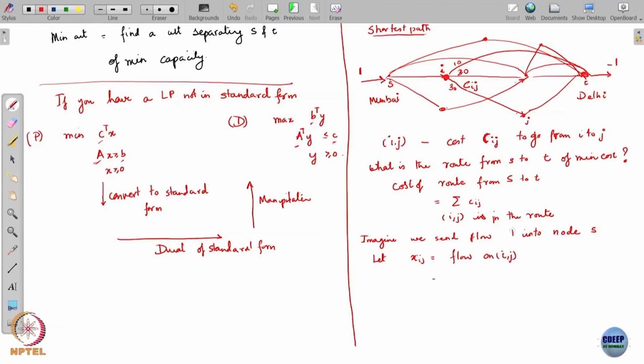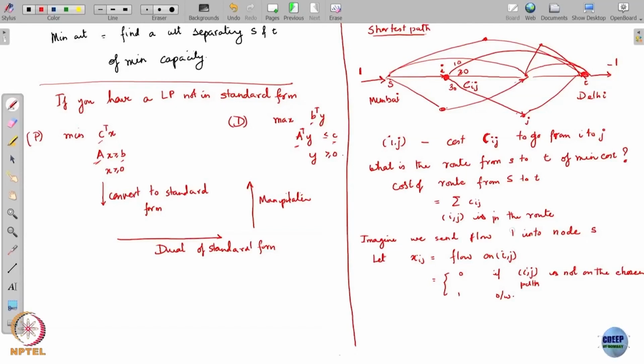This is equal to 0 if I comma j is not on the chosen path and 1 otherwise. So, it will turn out that if it is not on the shortest path, then x I j will be 0, which means that it will not send any flow on that. And if it is on the shortest path, it will have to send the full flow on it.